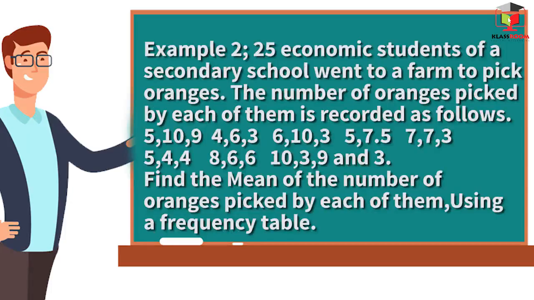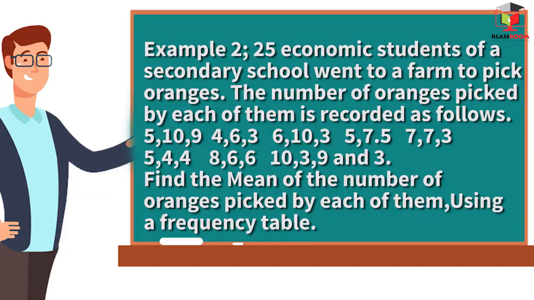Example 2. 25 economics students of a secondary school went to a farm to pick oranges. The number of oranges picked by each of them was recorded as follows: 5, 10, 9, 4, 6, 3, 6, 10, 3, 5, 7, 5, 7, 7, 3, 5, 4, 4, 8, 6, 6, 10, 3, 9, and 3.